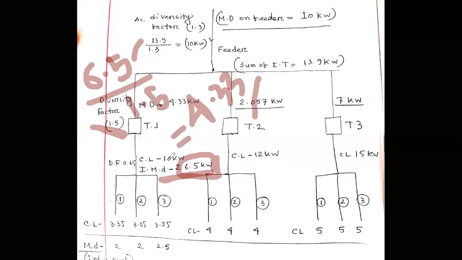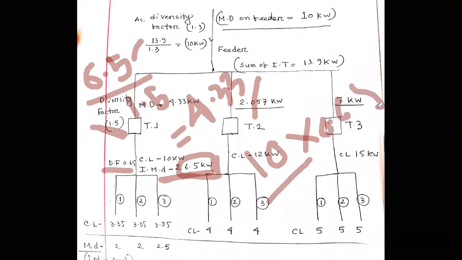Basically, 10 kilowatt is given. How can we get the 6.5 kilowatt? The demand factor given is 0.65. So we don't divide the 10 kilowatt, sorry, it will be multiplication. 10 kilowatt times 0.65, we get 6.5 kilowatt, because we know that the demand factor equals the maximum demand divided by the connected load.